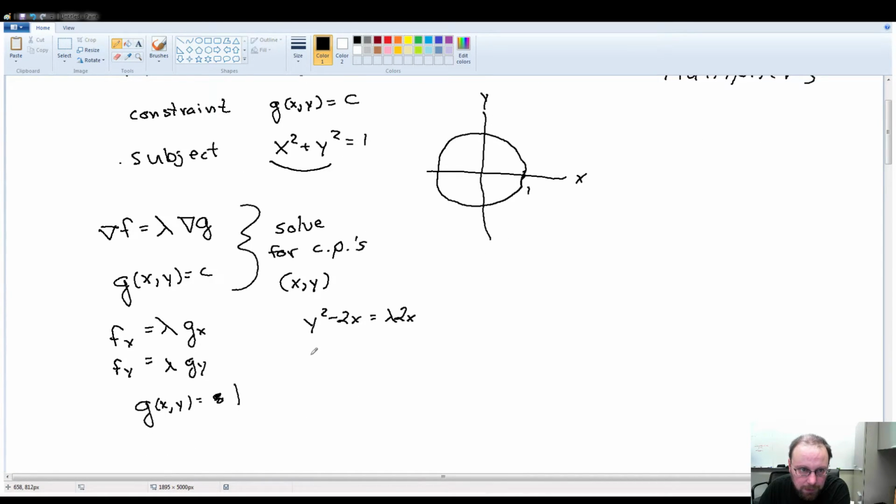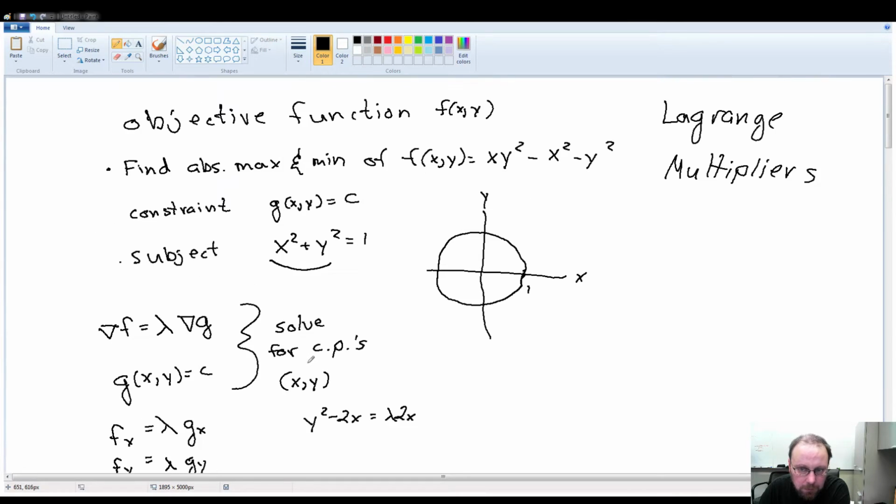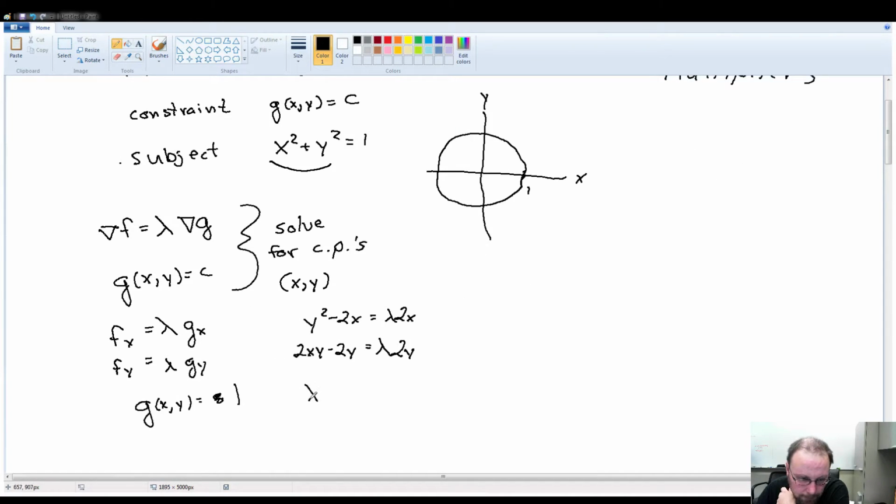Partial of f with respect to y is 2xy minus 2y, and that's equal to lambda times the partial of g with respect to y. Okay. And that's our constraint. Alright, so it's this system that we need to solve for x and y.